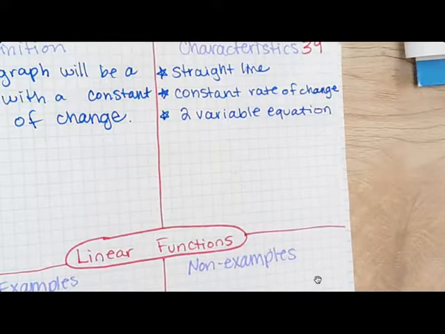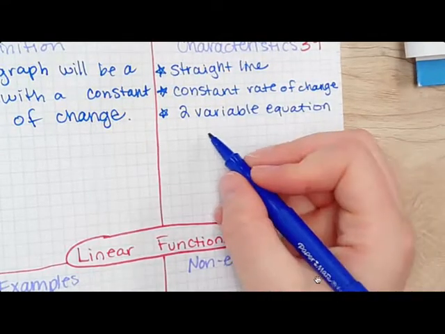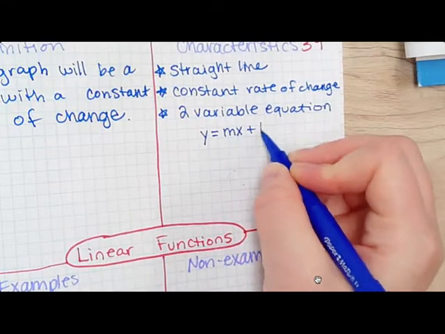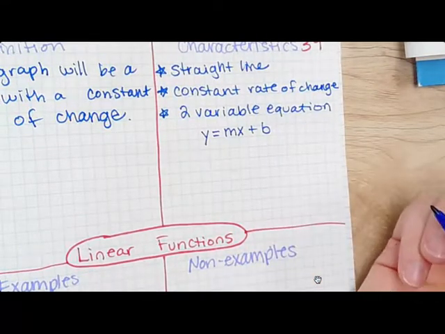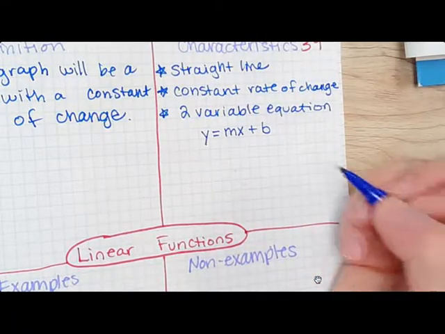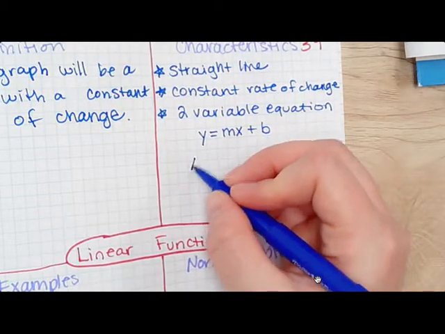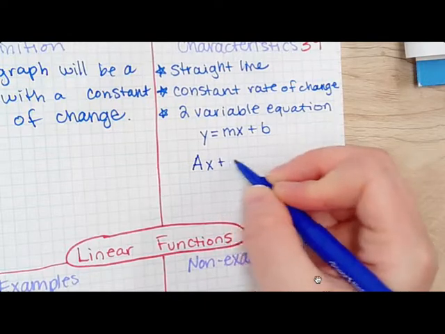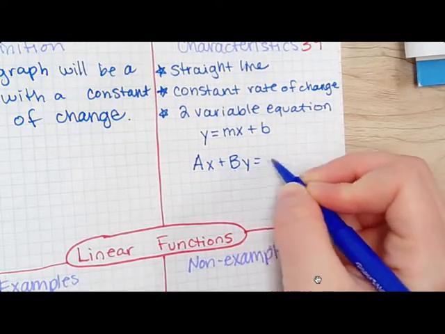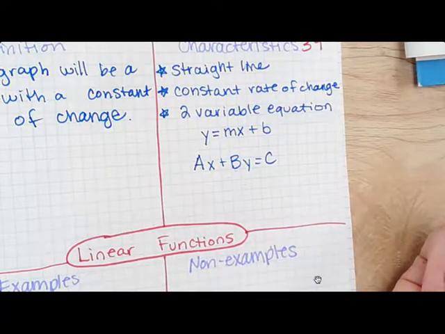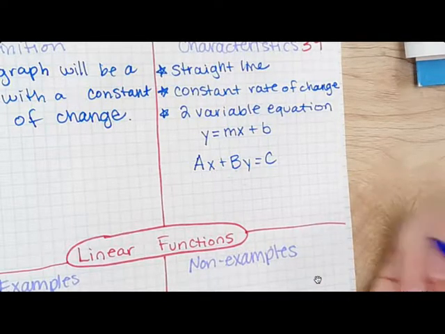And the 2 different forms that it'll be in, and you'll remember this from last year, y equals mx plus b. That's the most common form. And then there's also what's called a standard form, ax plus by equals c. So that's your standard form.